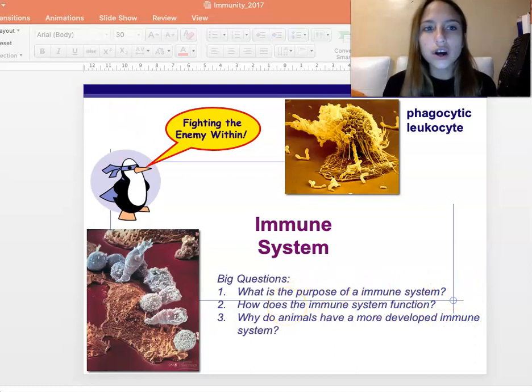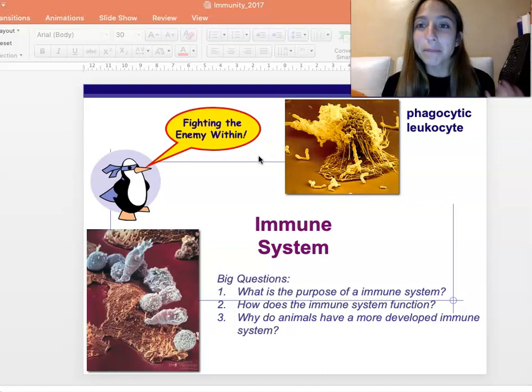So let's start off with the basic idea of the immune system, which is just fighting the enemy within. Any pathogen, which are just foreign organisms that are trying to infect you, by fighting those pathogens, your immune system becomes activated, okay? So in this image right over here, what you can see is something that's called a phagocytic leukocyte.